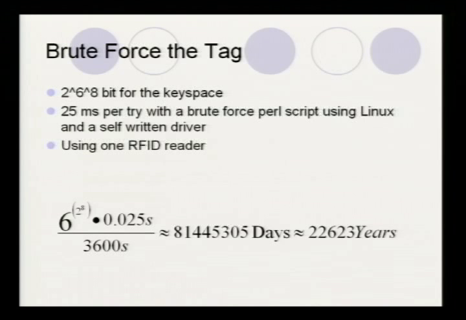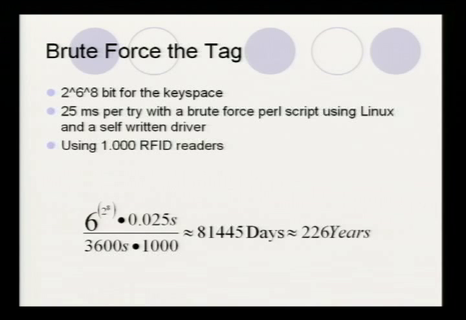First, we wrote a small Perl script, trying a brute force attack and figuring out how long it would take to break it. In the worst case, we end up with 22,000 years, because you need 25 milliseconds per key. You must reset the tag back to try the next key, and it will not work that way.